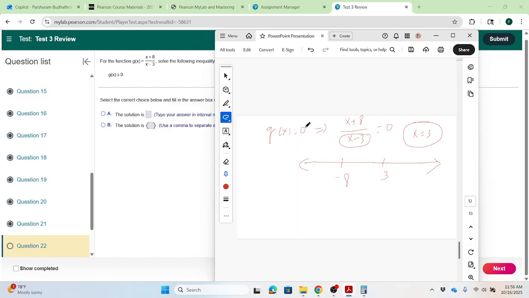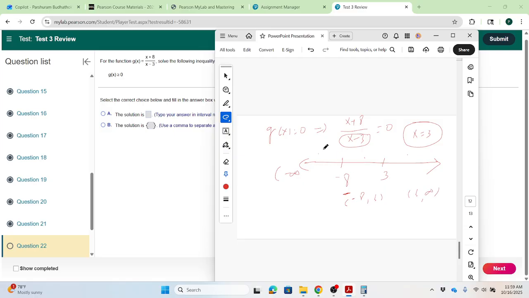So we need to find out where this expression is greater or equal to 0. We know for sure at negative 8 it's 0, and then we need to check what happens from negative infinity to negative 8, from negative 8 to 3, and then 3 to infinity.